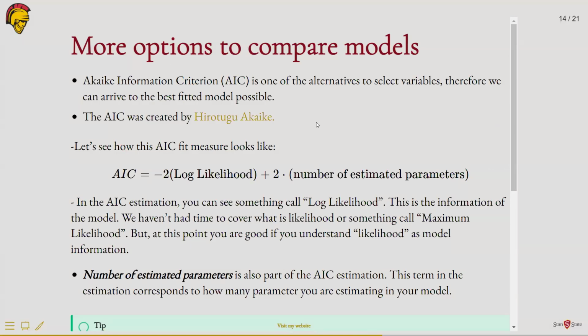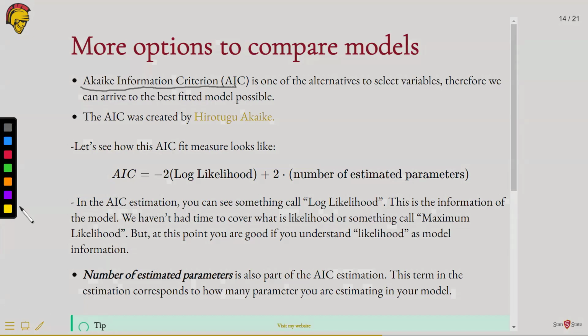There is something called the Akaike information criterion. This one right here. Let me just highlight it here. It's a very famous goodness of fit indicator. We call it relative fit.